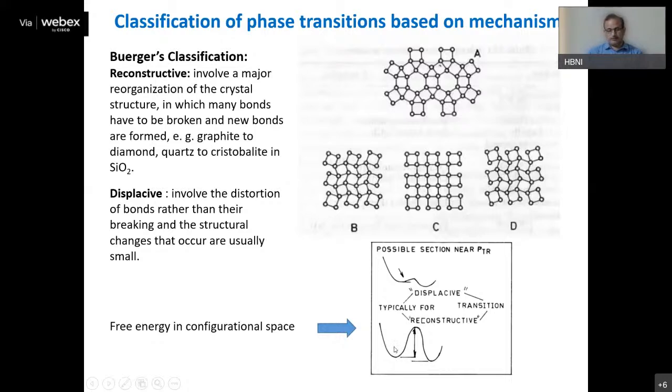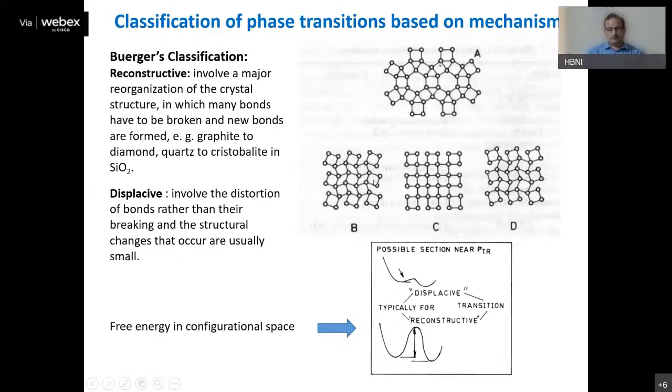This is metastable, but in order to go from here to here, one has to cross this barrier. So these reconstructive phase transitions should show some kinetic effects with time, and it should depend on the barrier and, depending on the temperature, the accessibility of this phase. I will talk about kinetics later, but we can understand this reconstructive transition by this cartoon of free energy.